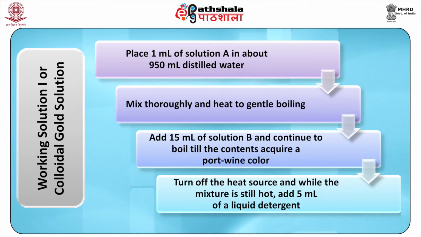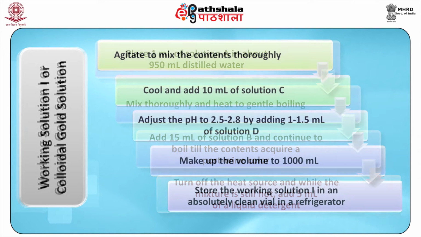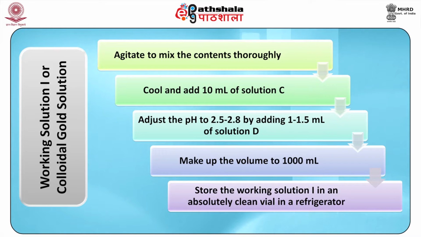Now turn off the heat source and while the mixture is still hot, add 5 ml of a liquid detergent. Agitate to mix the contents thoroughly. Now cool and add 10 ml of solution C. Adjust the pH to 2.5 to 2.8 by adding 1 to 1.5 ml of solution D. Make up the volume to 1000 ml. Store the working solution 1 in an absolutely clean vial in the refrigerator.